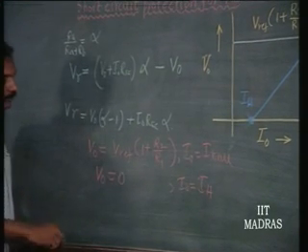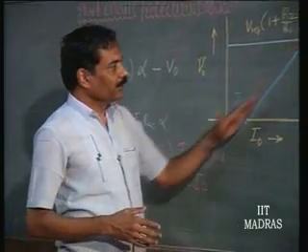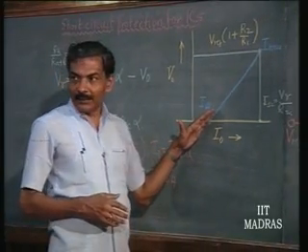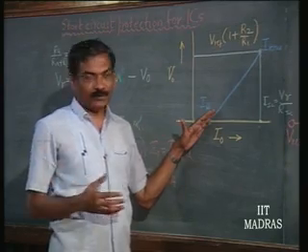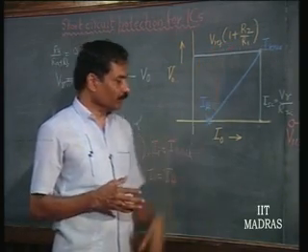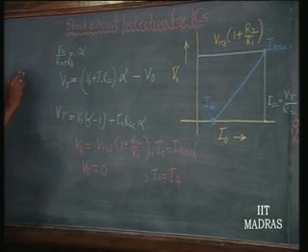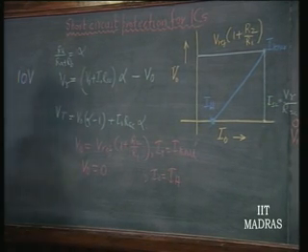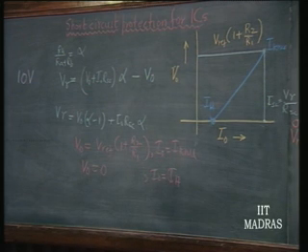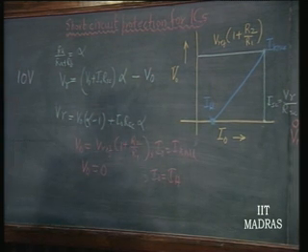Now my problem is, let us take a typical example. Let us say V reference into 1 plus R2 over R1 is 10 volts. I am giving you an idea as to what the limitations will be in practice, because unless I give you a problem here, you will not be able to appreciate this 10 volts.